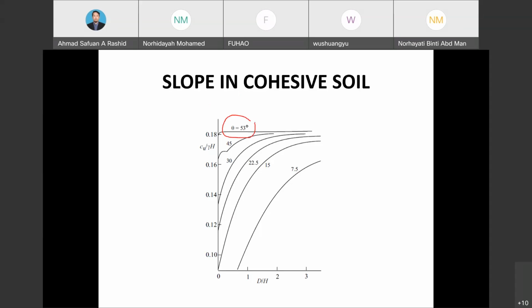The degree is dimensionless, D over H is dimensionless, Cu over gamma H is also dimensionless. So from there we can get the factor of safety of the slope by just referring to this chart.